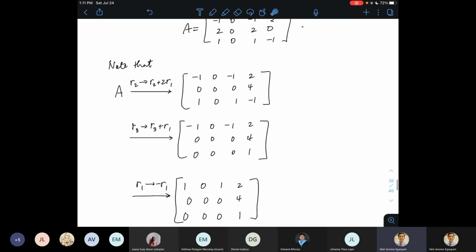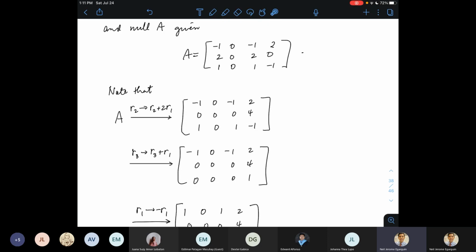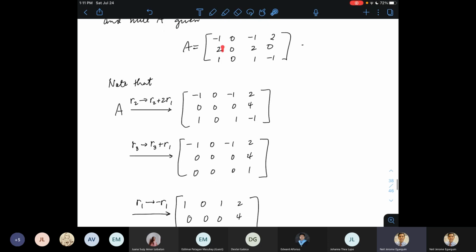So here, starting matrix A, and then may panggulo kagad dito na 2 because I'm planning this to be my leading entry for the first row. So what I'll do is to replace the second row by the second row plus twice the first row.